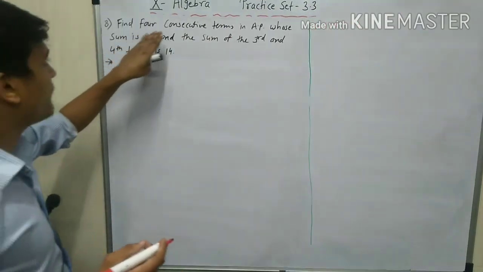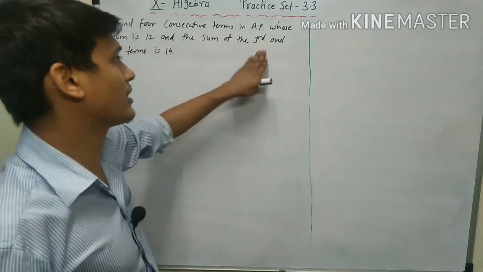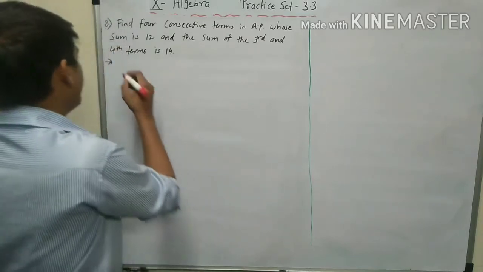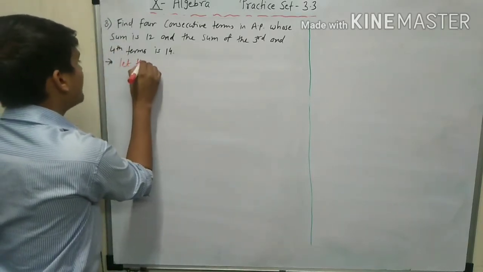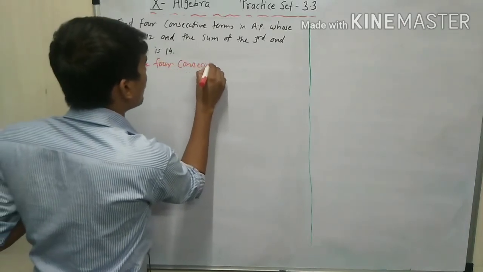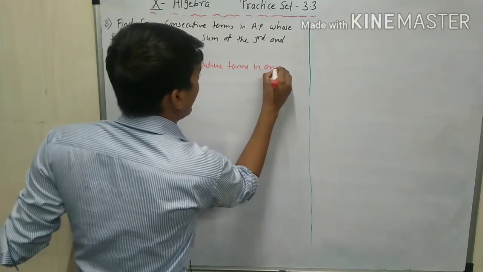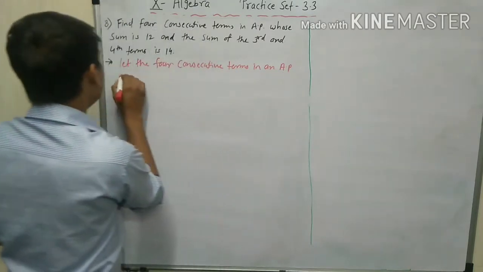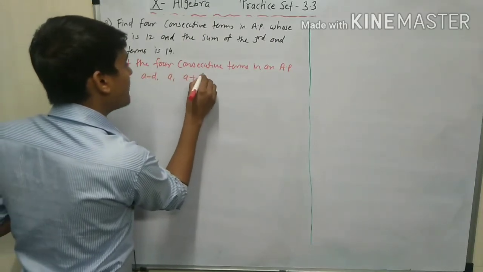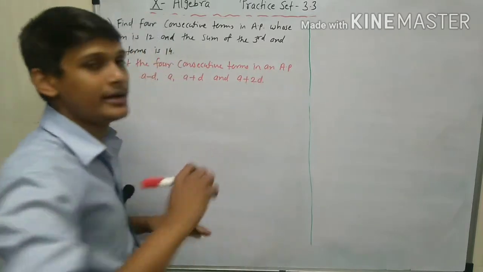Question number 8. Find 4 positive terms in AP whose sum is 12 and the sum of the third and fourth term is 14. We can write here, let the 4 consecutive terms in an AP be a minus d, a plus d and a plus 2d.